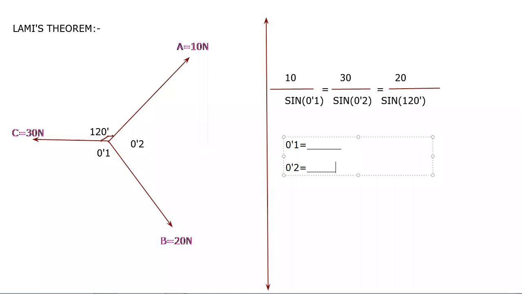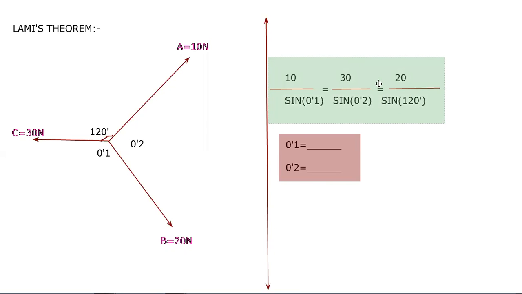Already the equation has been written. Use this equation to find the value of two unknowns. Now, are we able to find the two unknowns? That we have to see here.